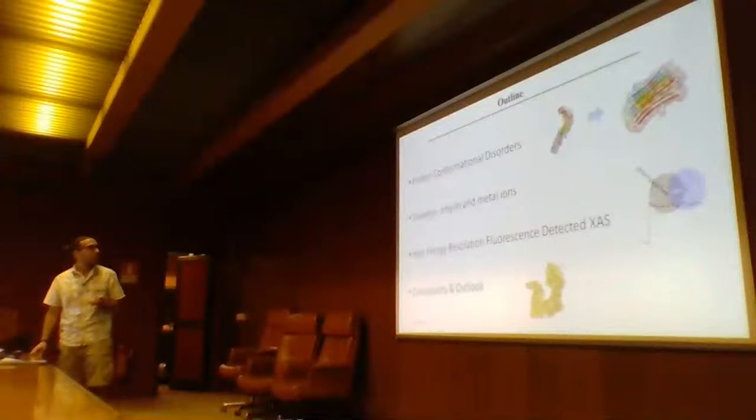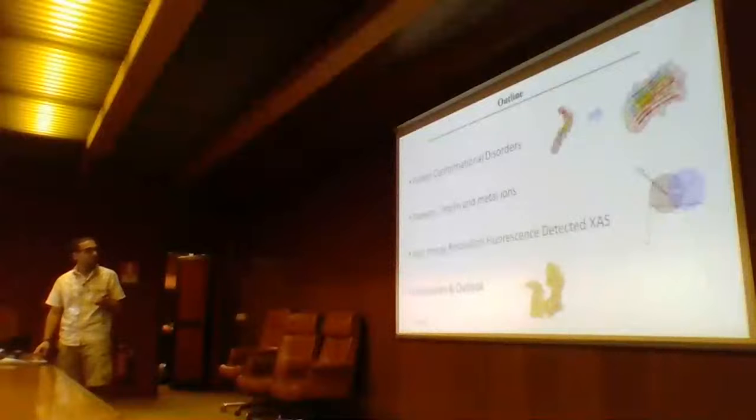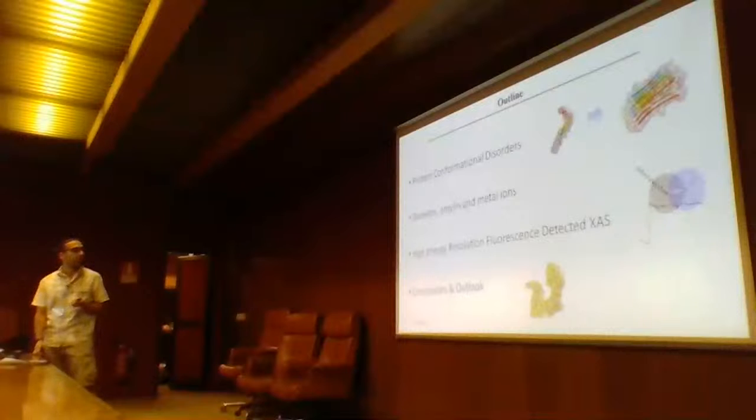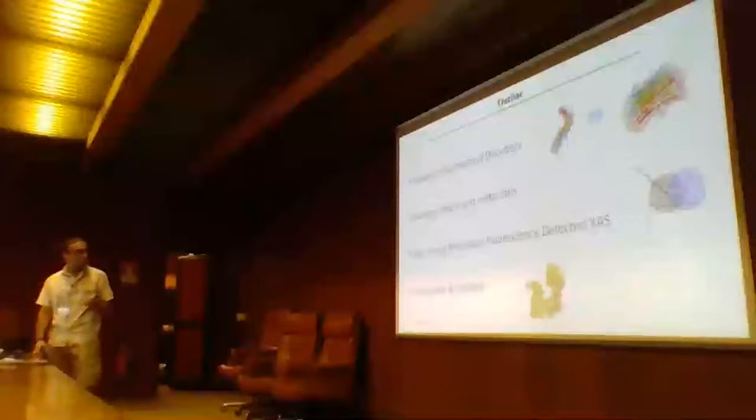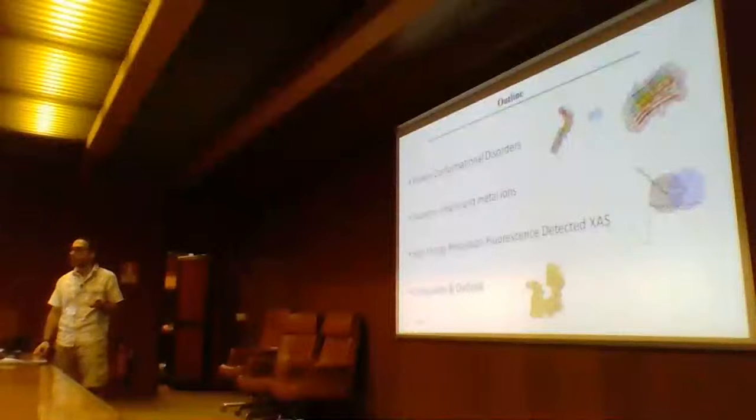I will focus on diabetes mellitus type 2, and I will explain how amylin and metal ions have a role in the propagation of this disease. I will describe the features of the beamline in which we acquired this kind of data, and then I will go to conclusions and sum up.